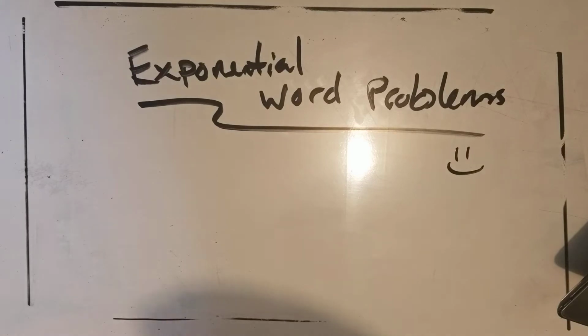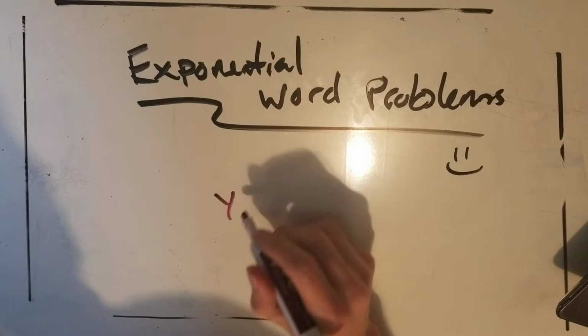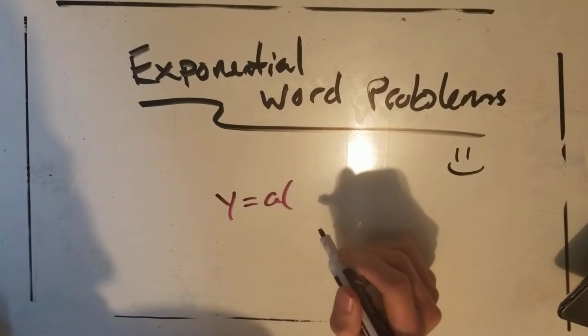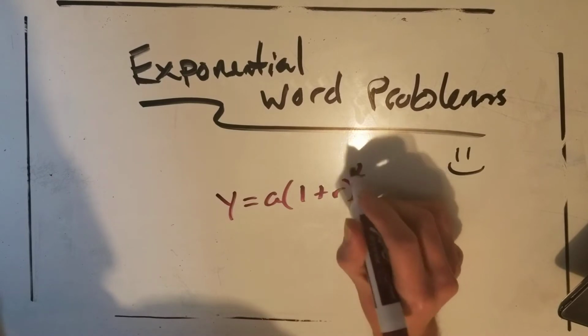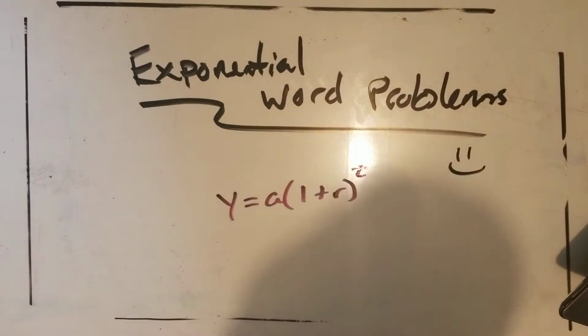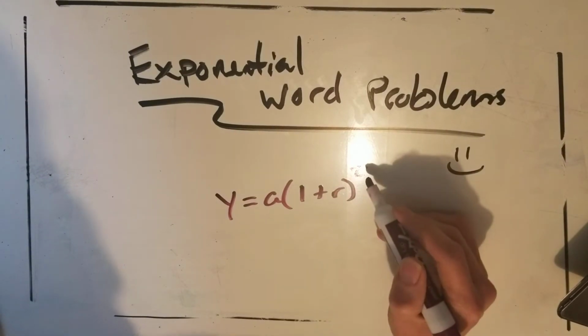Alright, so on the first slide it says the equation for exponential growth. So the equation when we're doing word problems, how we're going to think about it: y equals a times the quantity 1 plus r to the t. And for this, the 1 plus r is like your b value, and you're being raised to a variable.